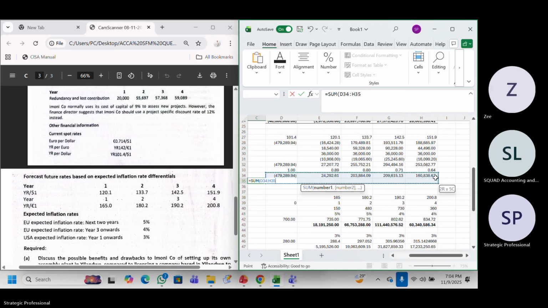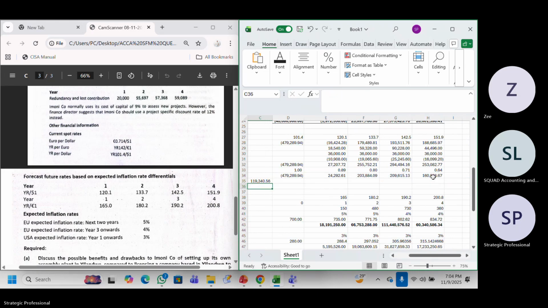This is our NPV. Is the NPV in dollar, or in naira, or in kobo? It is in dollar. You try.